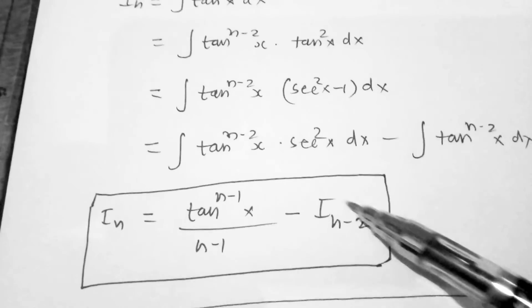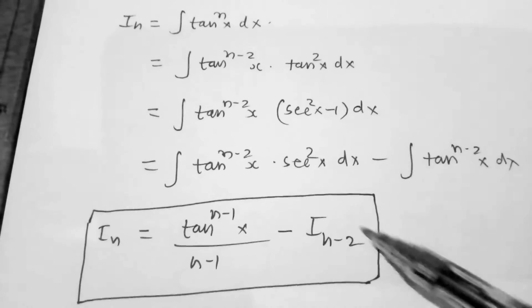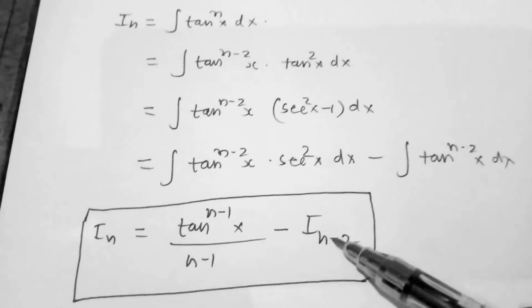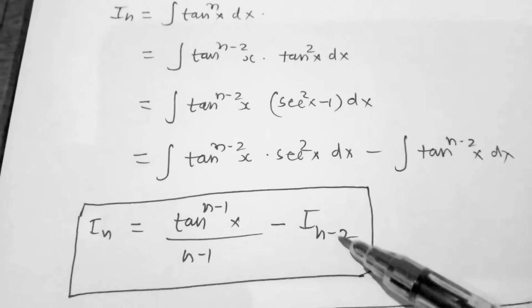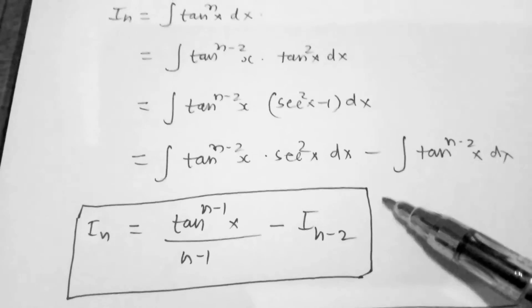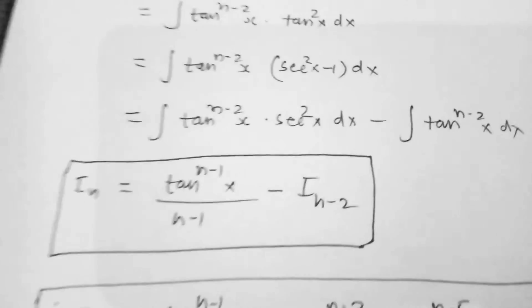Again we can use the same pattern for this integration. This is the integration, right? So in the answer we will have 1 power less, that is tan to the power n minus 3 divided by n minus 3, like that. Okay, and this process will continue. How?